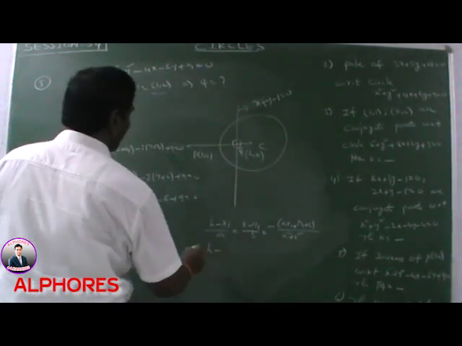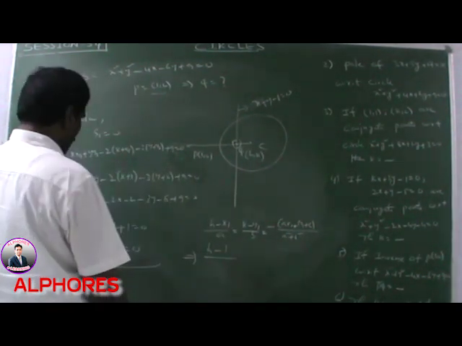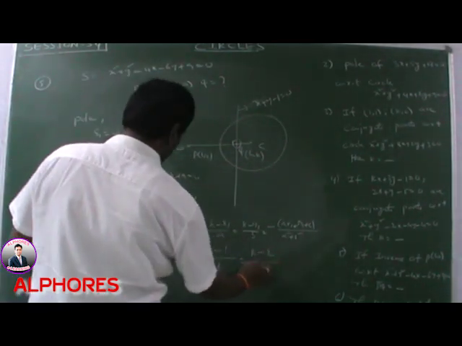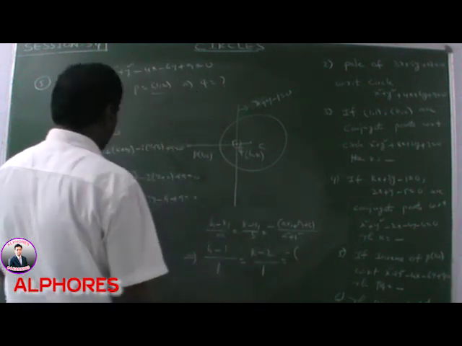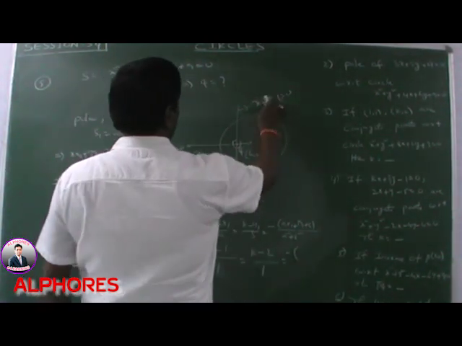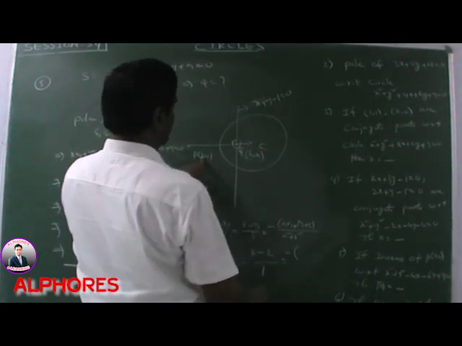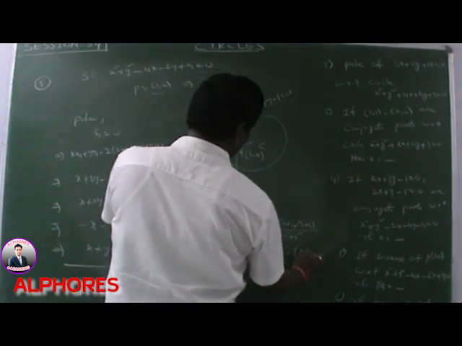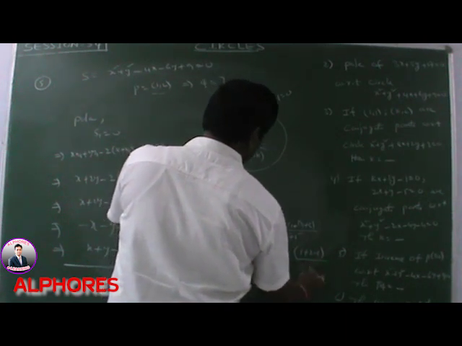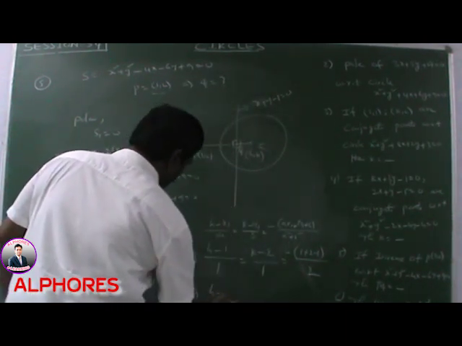That means h minus 1 by 1 is equal to k minus 2 by 1 is equal to minus of (1 plus 2 minus 1) by (1 plus 1), which is 2. Okay, find the value of h, k.